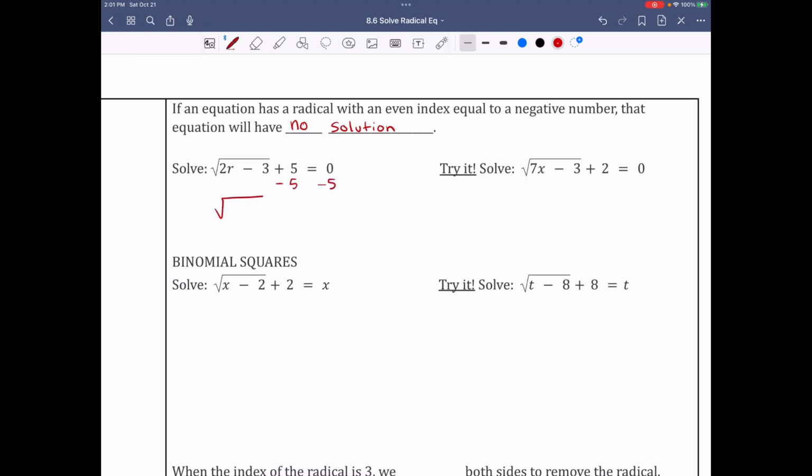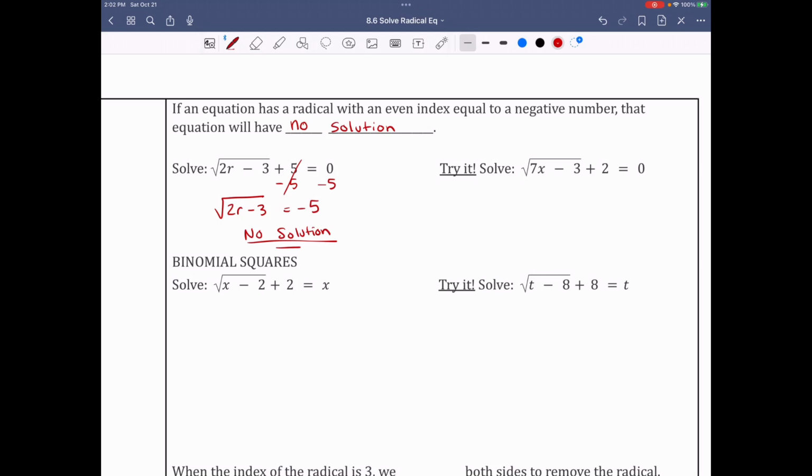And so the radical 2r minus 3 equals negative 5. Now, the square root, even if I squared both sides, it should not equal a negative number, because when we take the square root of something, it does not equal a negative. So we would say no solution.